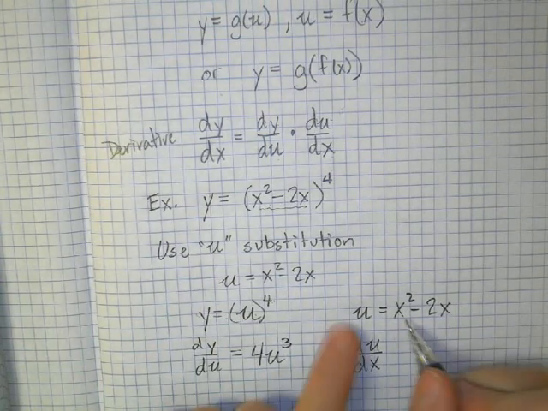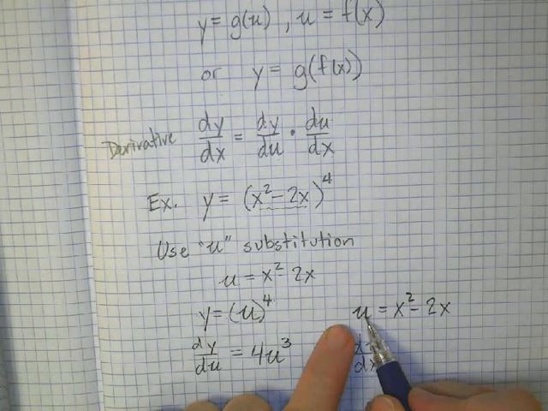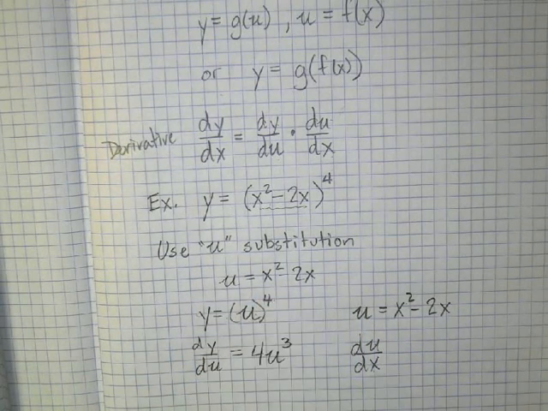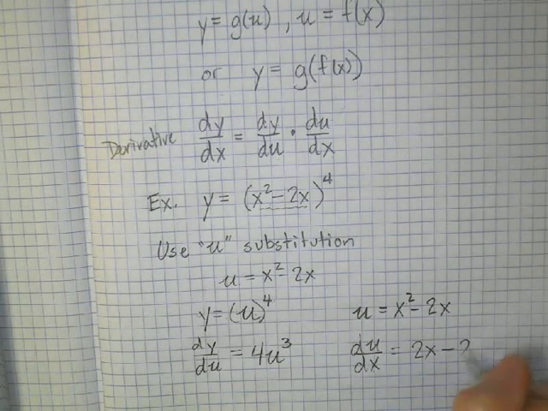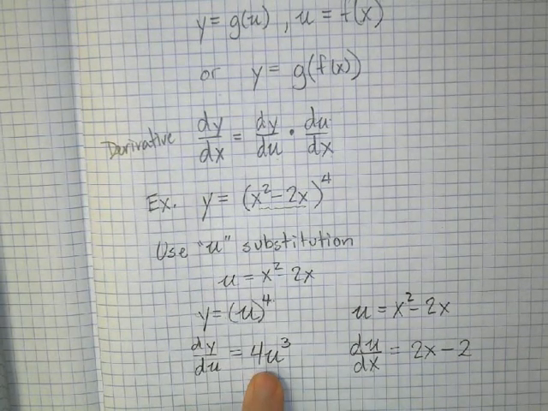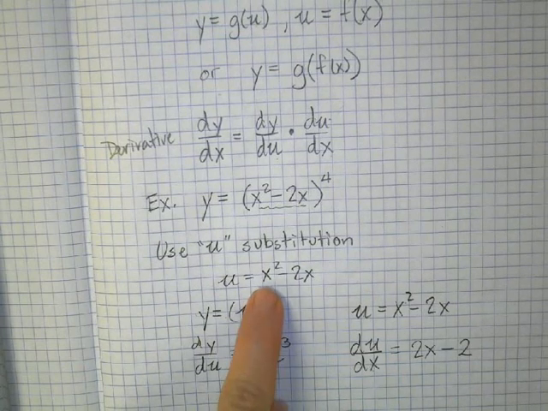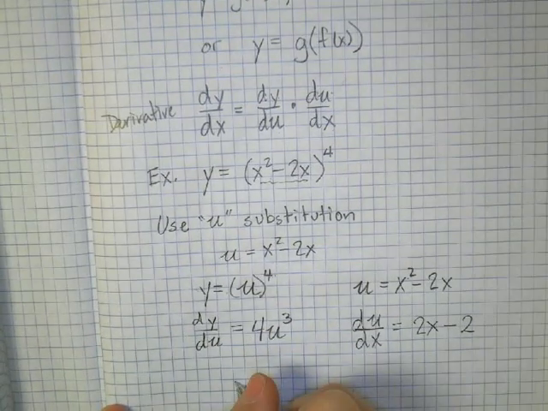Okay, because normally this would be a y, dy dx, but I'm using a u because that's what my u is equal to. And then there I get 2x minus 2. Okay, so now I'm going to go ahead and substitute back in what was my u. My u was x squared minus 2x. So this one I can substitute back in.